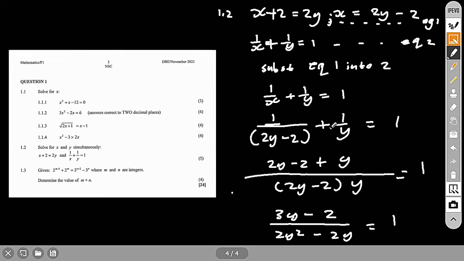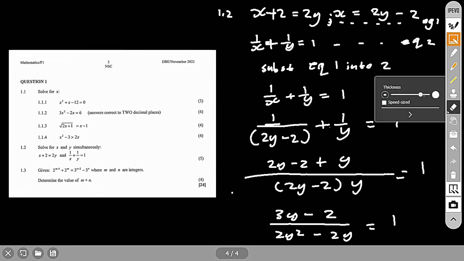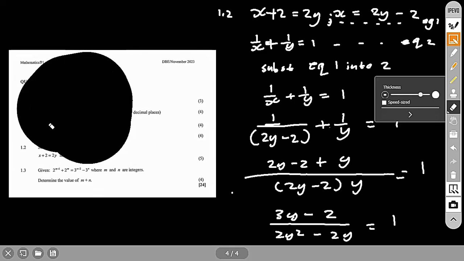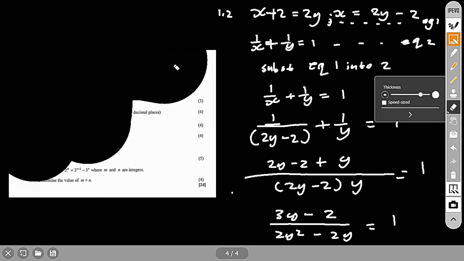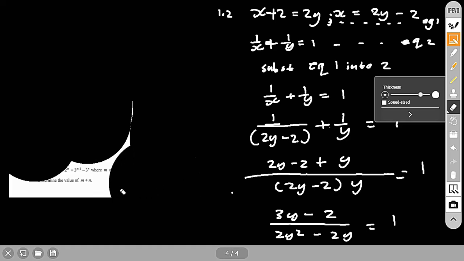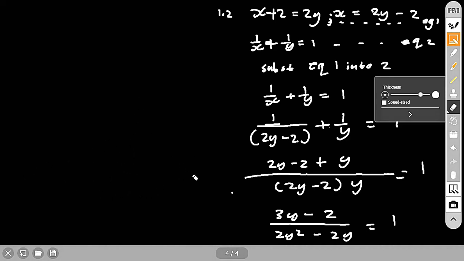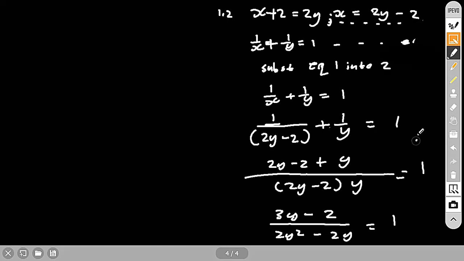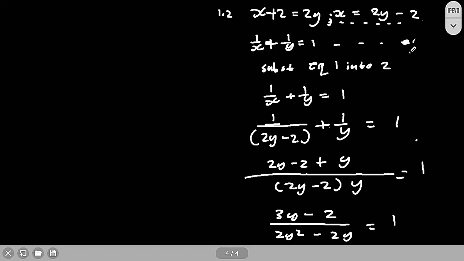Let me see if I can remove this, just for space. So yeah, so this is equation 2, this one is equation 1.